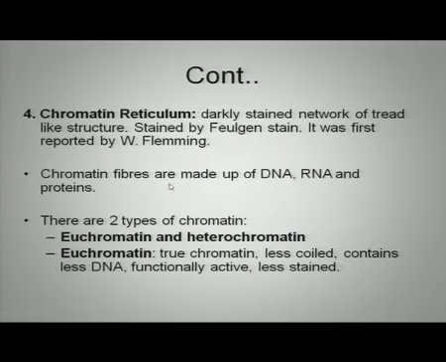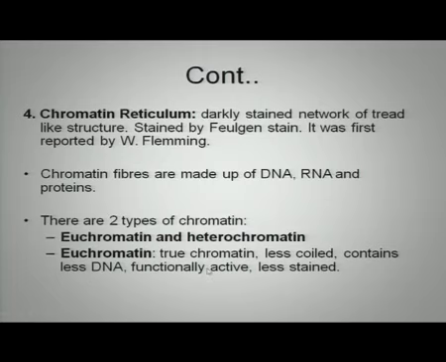Chromatin fibers are made up of DNA, RNA and protein. There are two types of chromatin, euchromatin and heterochromatin. The first one, euchromatin, or eu means true, true chromatin. They are less coiled, they contain less DNA compared to heterochromatin.